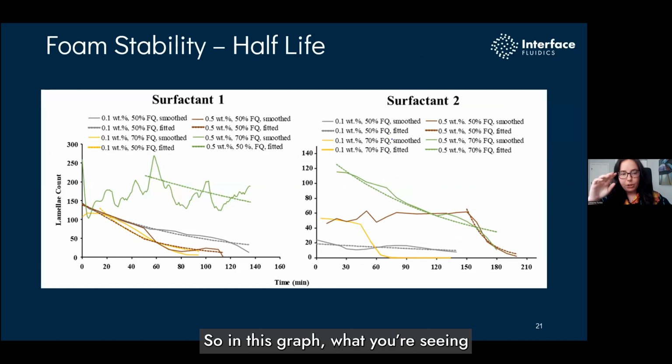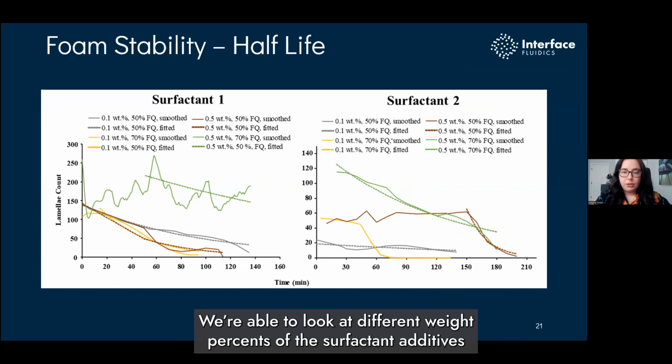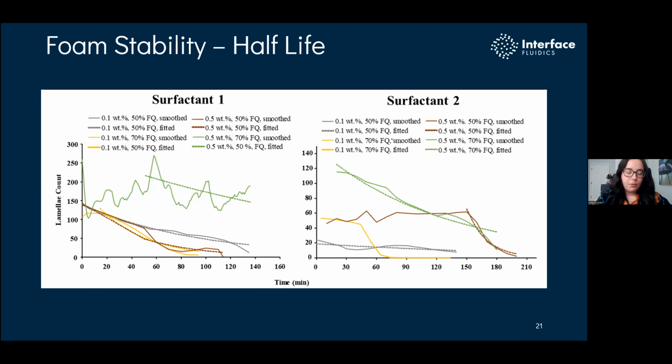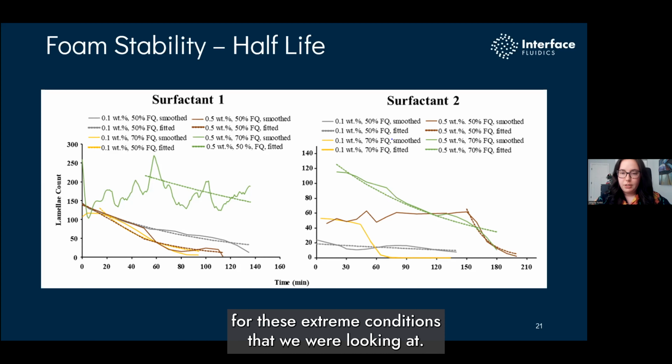In this graph, what you're seeing is an analysis of the actual foam half-life over time. And we're able to look at different weight percent of the surfactant additives, as well as different additives, and observe which surfactant has the greatest viability for these extreme conditions that we were looking at.